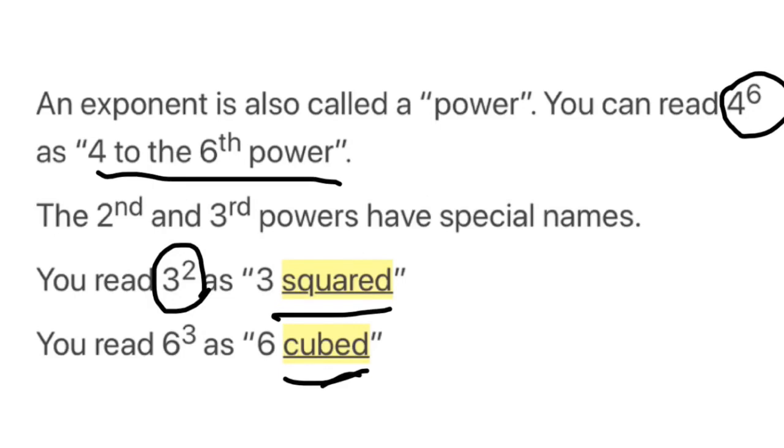Whenever you see something with an exponent of 3, like this exponent, you read it as cubed. This is read as 6 cubed. The special name for the exponent of 3 is cubed. You need to be familiar with how to read exponents properly and both of these special names for the 2 and the 3. Please pause the video and copy this into your notes.